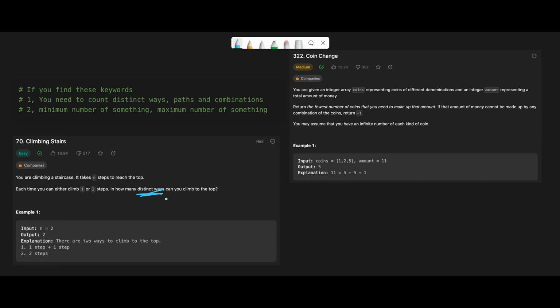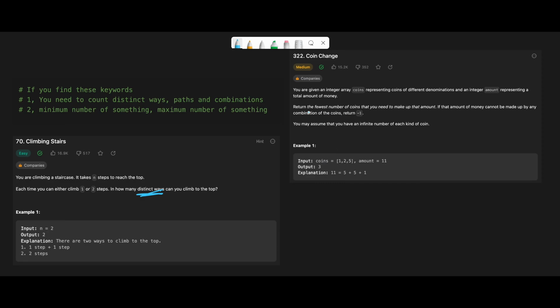So in that case, you may apply dynamic programming to this question. Or this is a coin change problem. You are given coins 1 to 5 and amount 11. You have to make 11 with these coins, like 5 plus 5 plus 1, something like that.